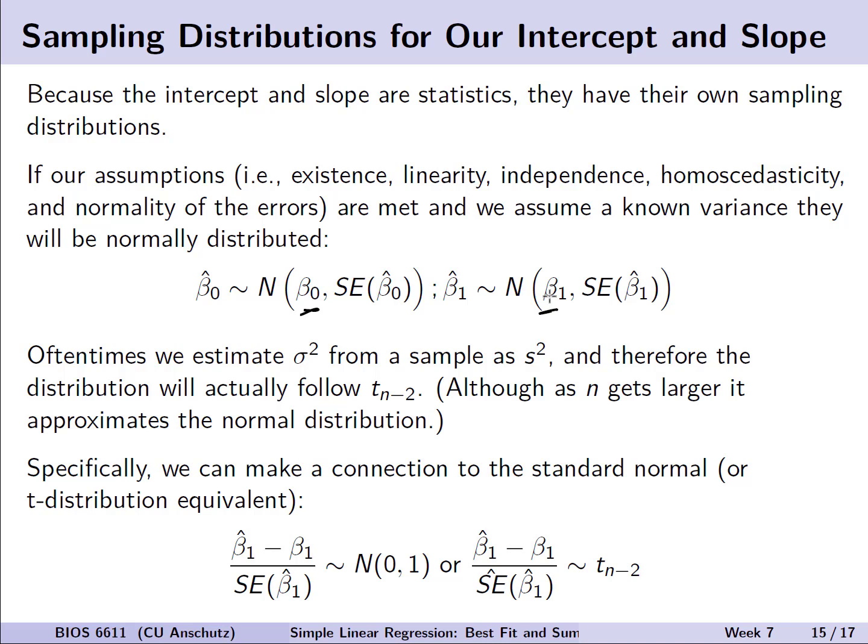Oftentimes, however, we estimate sigma squared from the sample as s squared, and therefore the distribution will actually follow the t distribution. Although we can note as n gets larger, it will approximate the normal distribution.